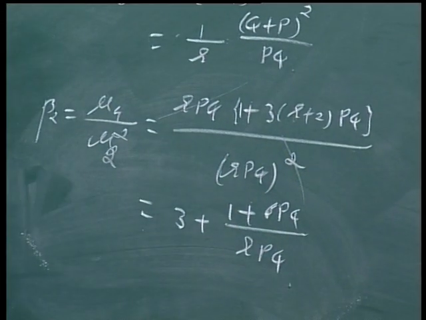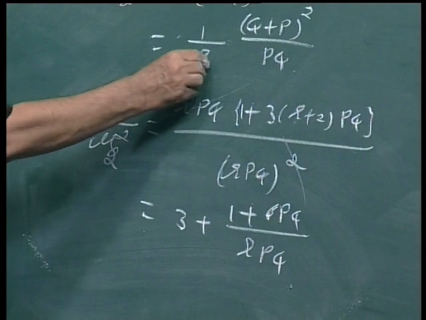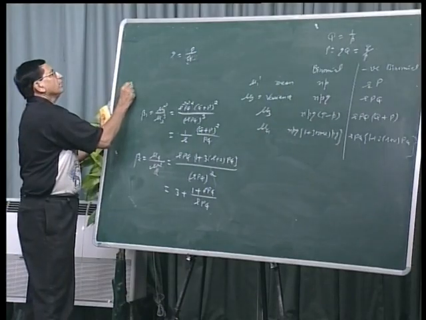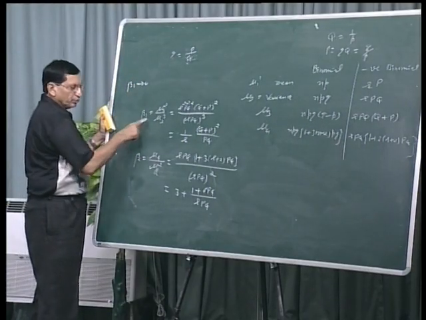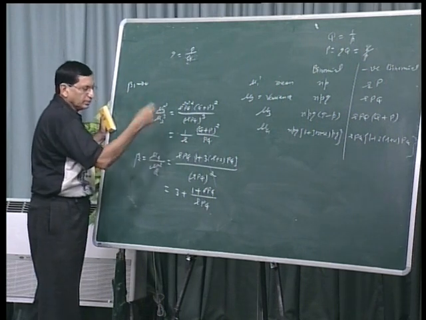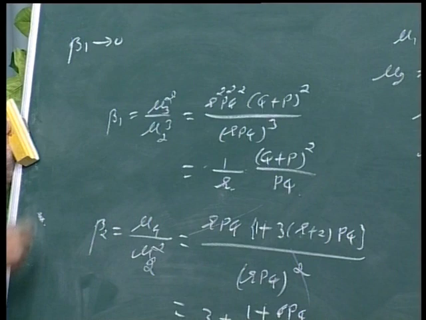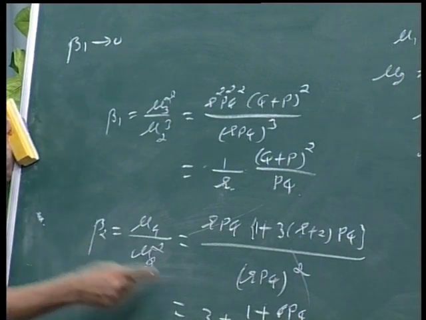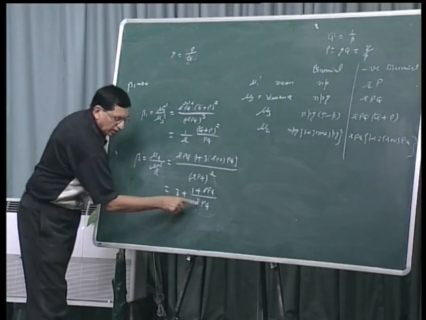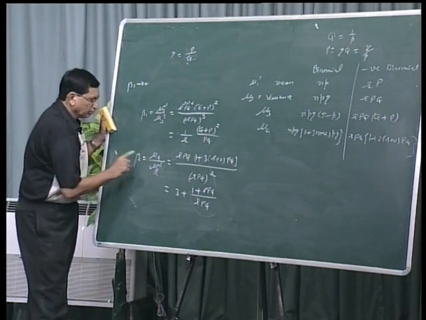So this is beta 2, and here also if you observe, beta 1 will tend to 0 as r tends to infinity. If we take the limit as r tends to infinity, since r is in the denominator, it is going to be 0. Similarly, this term will be 0 because r is in the denominator, so beta 2 will tend to 3.